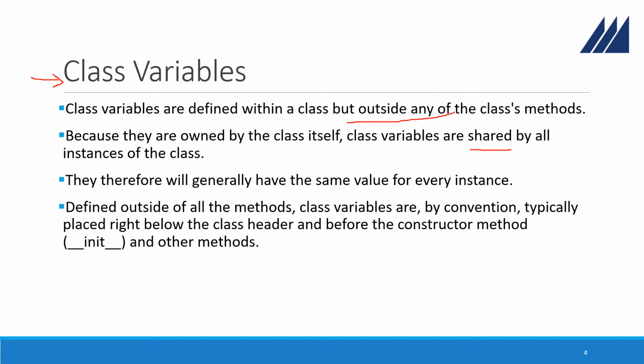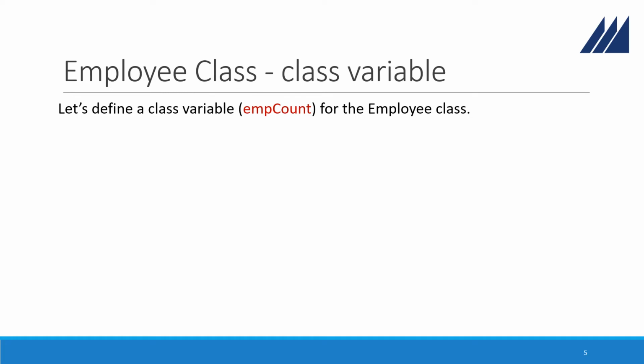So we do not declare it inside the init method, and by convention, we usually declare these variables right after the class header and before the init method. Here's an example of a class variable, and let's assume the class variable is emp count.